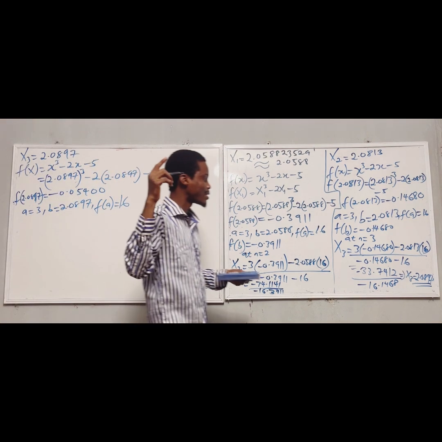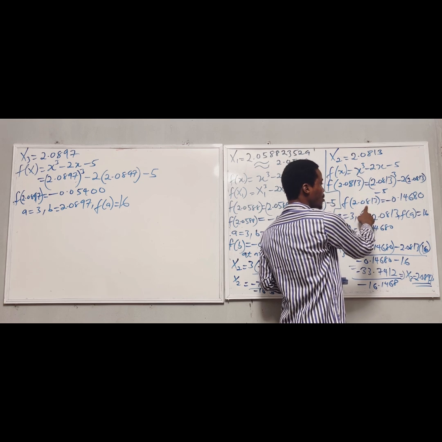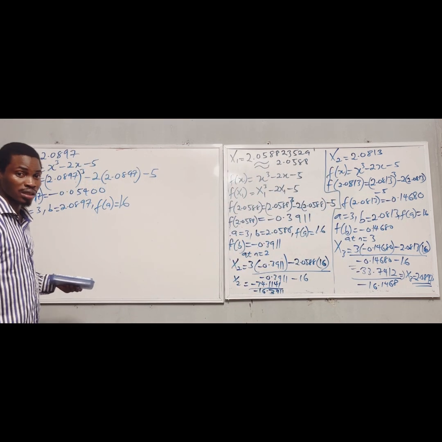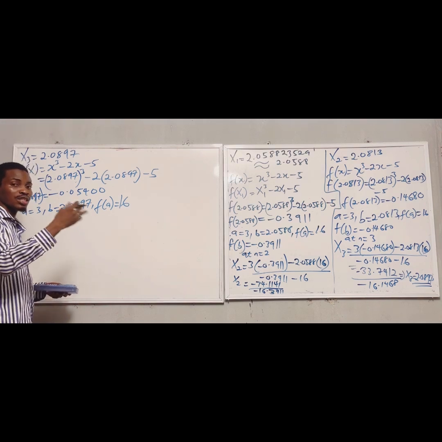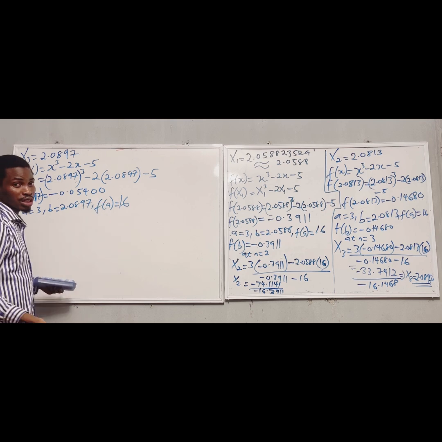But it's still negative, so I have to go back to my last positive. f of a is f of 3, which is equal to 16. So my a is 3, my f of a is equal to 16.